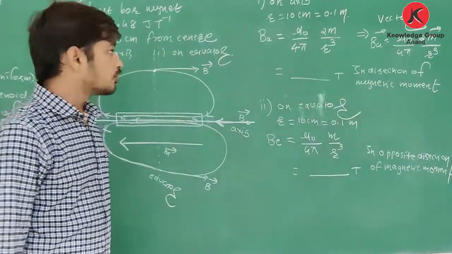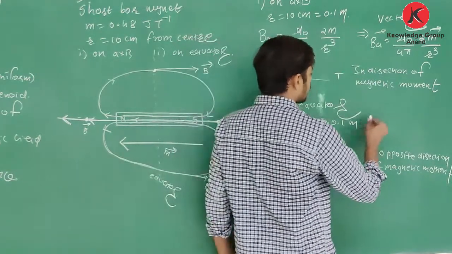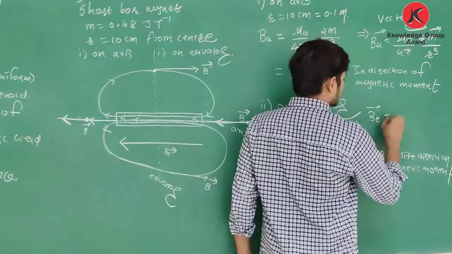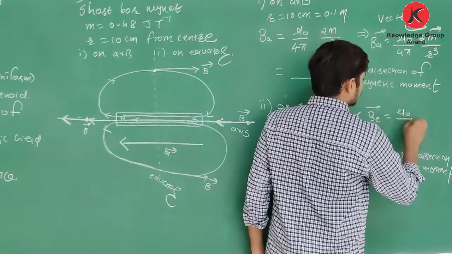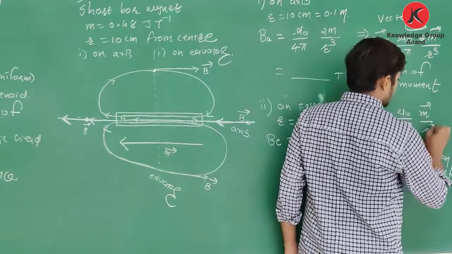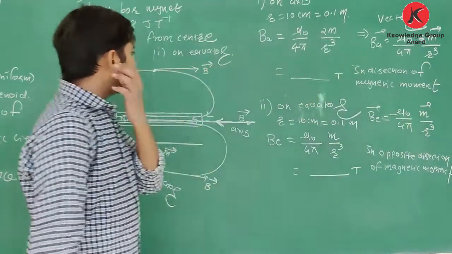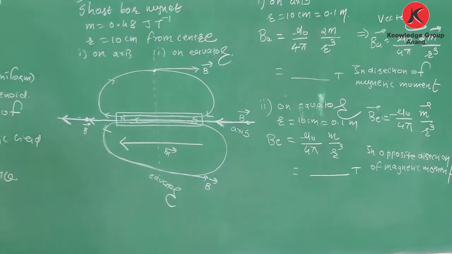Clear about this? Okay. If I want to write its vector formula, BE is equal to mu 0 upon 4 pi, m upon r cube, but not only m, here it is minus m. Clear about this?